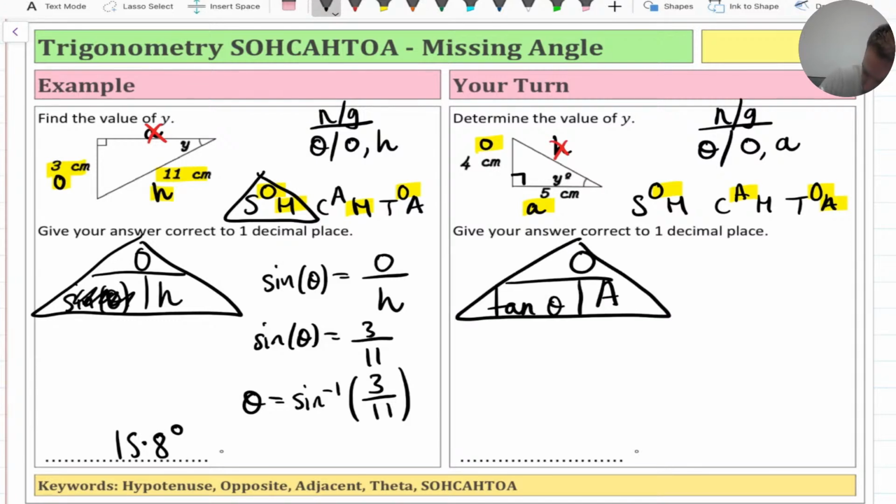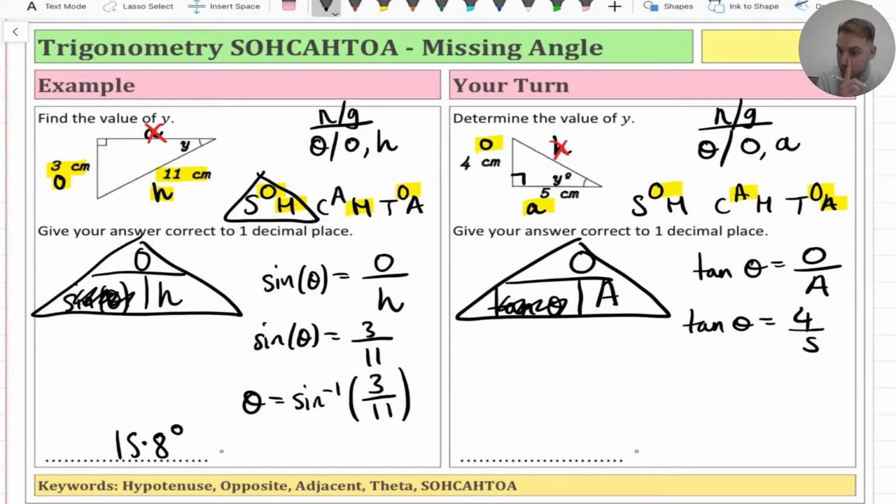So because I want the angle, it's going to be tan of theta is equal to opposite over adjacent. So tan of theta is equal to my opposite, which is 4, over my adjacent, which is 5.